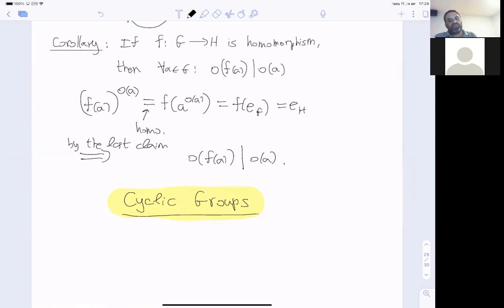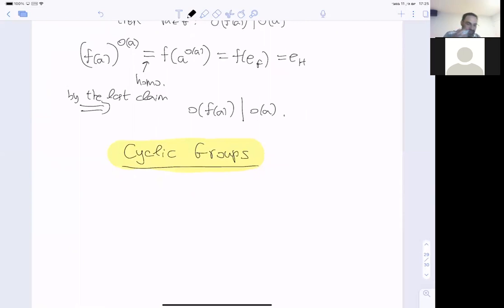I mean, you have A, A squared, A to the third, etc. And similarly, you have only one cyclic group up to isomorphism of a given order. Before we show that, let us write a remark.